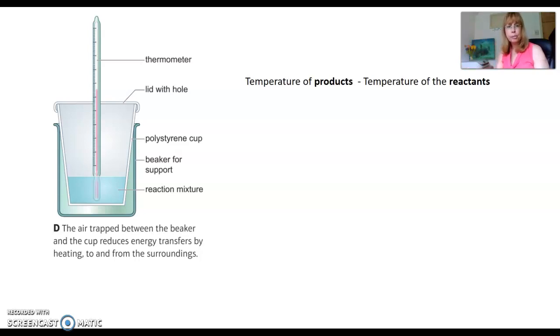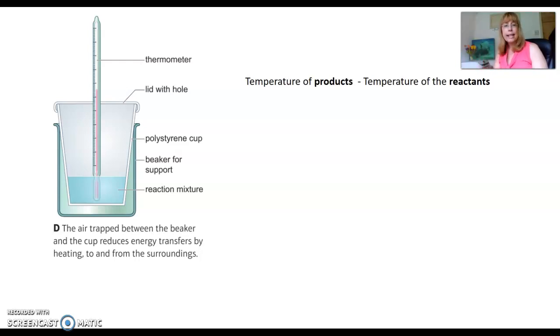And the reason why I use a polystyrene cup is because it acts to trap any heat energy. That means that it won't take in any energy from the environment, and it won't release energy either. So it's purely the energy that is happening due to the chemical reaction in the container.